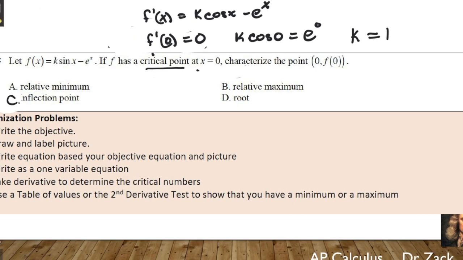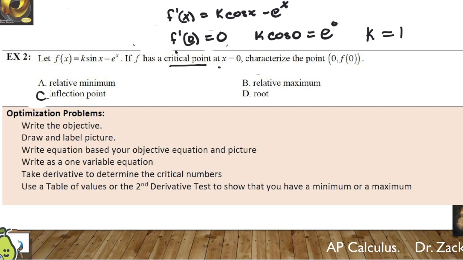Does that help us? I'm not sure. Let's see here. Do we have a relative minimum or a relative maximum? In order to find that, maybe you want to find your second derivative. So f double prime of x is going to be equal to, substitute your 1 in for your k, negative sine of x minus e to the x. So what is f double prime of 0?